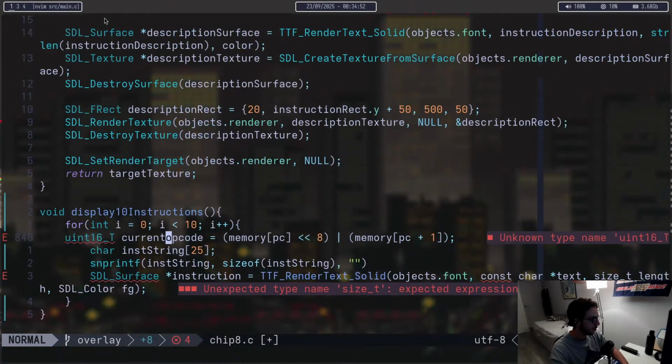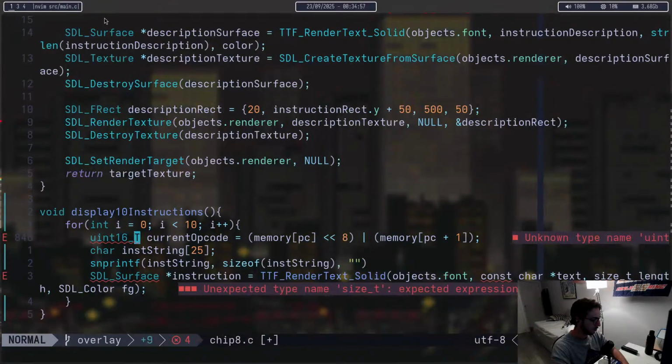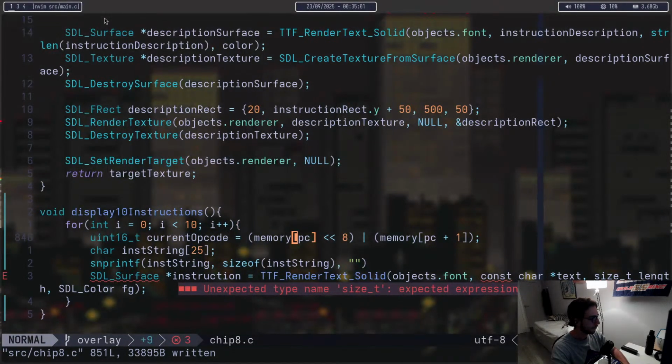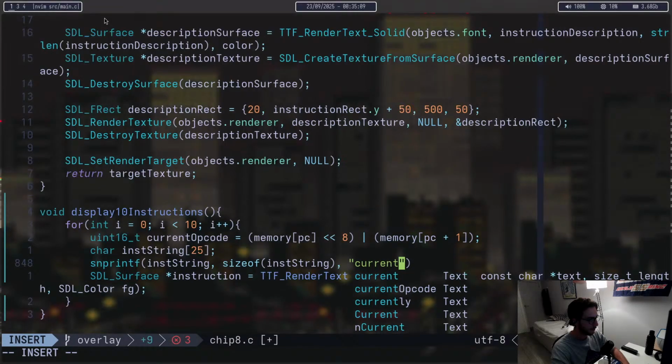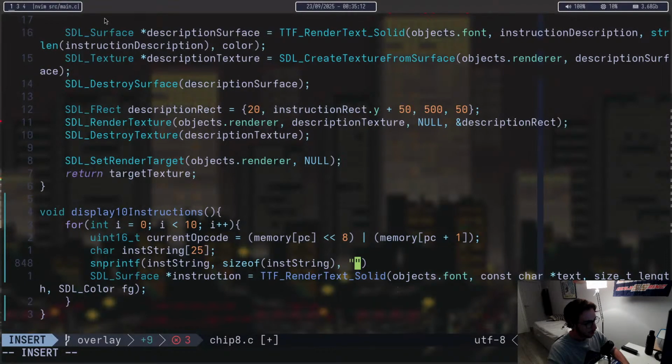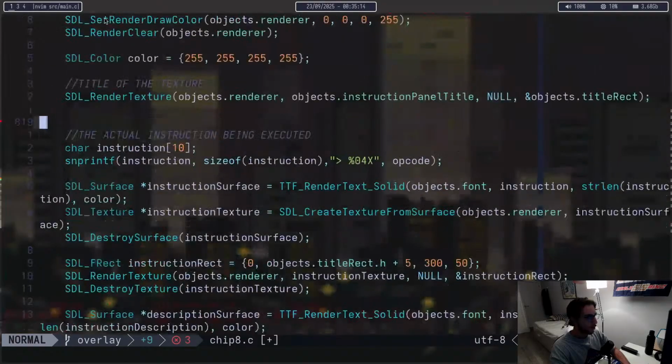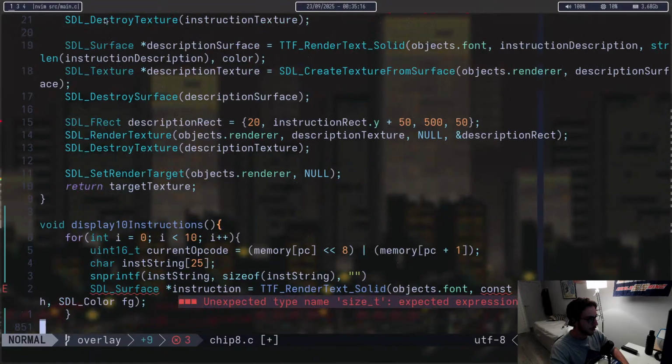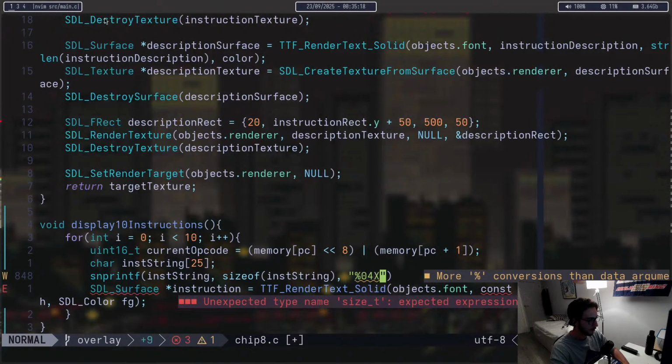Current, okay, so then I get this one and then I can say it's going to be this.